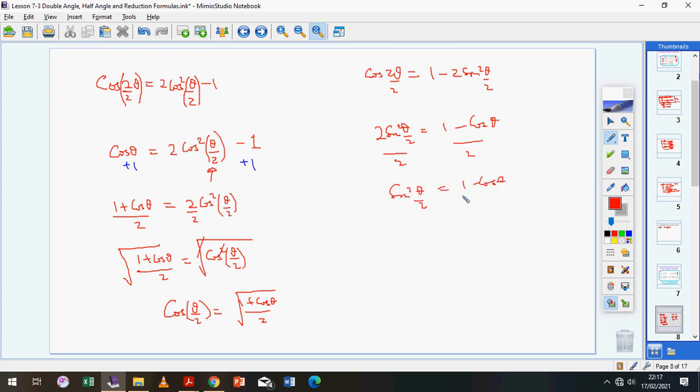Take square root of both sides. So the half angle formula for sine of theta over 2 is the square root of 1 minus cosine theta divided by 2, plus minus, don't forget plus minus. So these are the ones you see over here.